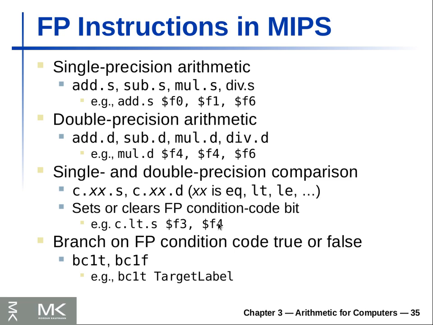You can also branch on the conditional flag. So after you set the conditional flag, this is important: if the value in F3 is less than the value in F4, turn the conditional flag on, aka set it to 1. Otherwise, you set it to 0. So you branch on the conditional flag, the floating point flag, to some target.